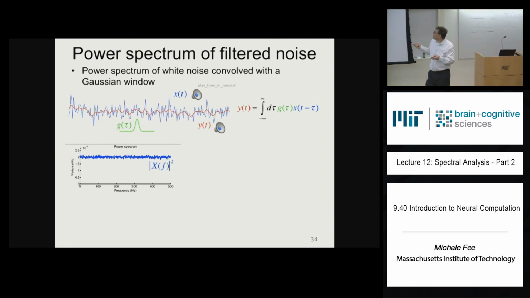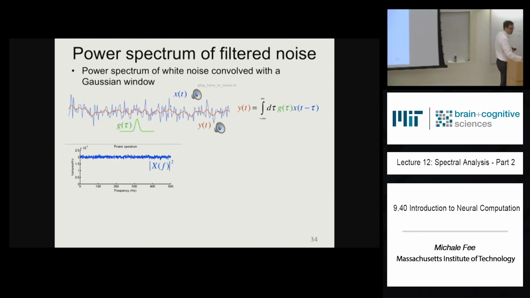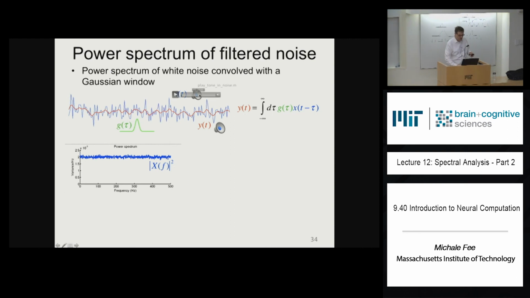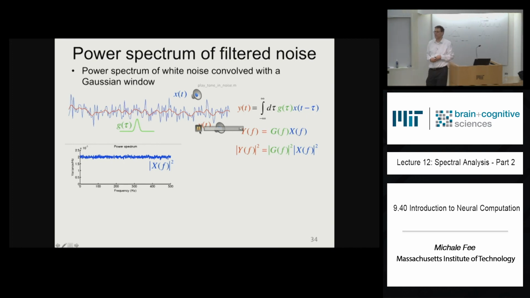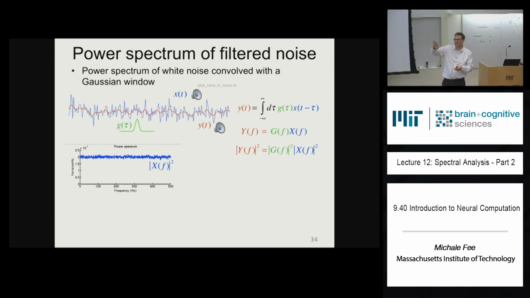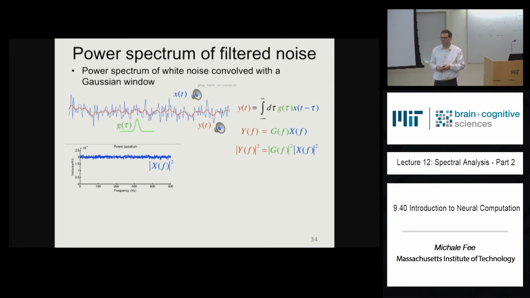All right, so let me play you what those sound like. So here's the original Gaussian noise. Good, and here's the low pass Gaussian noise. Hear that? Got rid of all the high frequency parts of the noise, okay?